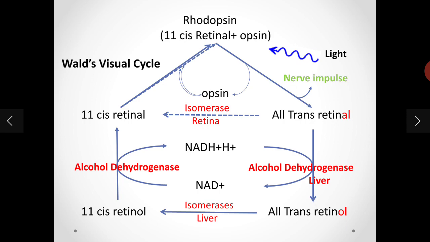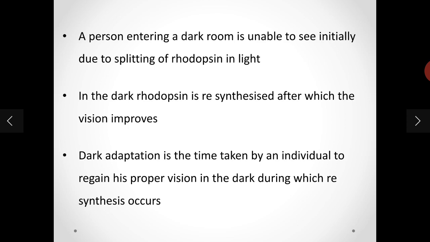So you are supposed to write the whole reactions of Wald's visual cycle for a 5-marker or even a 3-marker question. So how will you appreciate this rhodopsin synthesis or resynthesis? When a person enters a dark room, suddenly we are not able to see initially due to the splitting of rhodopsin in light.